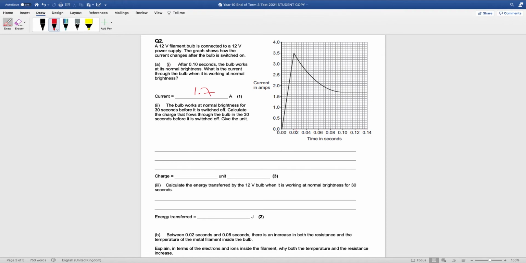The bulb works at normal brightness for 30 seconds before being switched off. Calculate the charge that flows through the bulb in the 30 seconds. Well, Q equals IT is what we're after here.